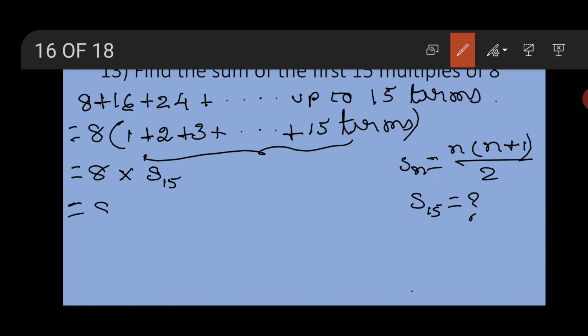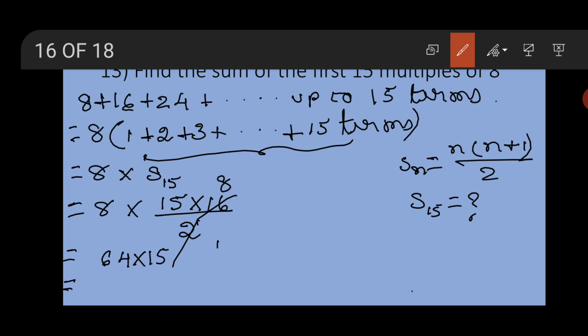Now 8 into S15 is equal to 8 into 15 into 16 divided by 2. 2 eights are 16, so 8 into 15 into 8, which is 8 eights are 64, into 15.